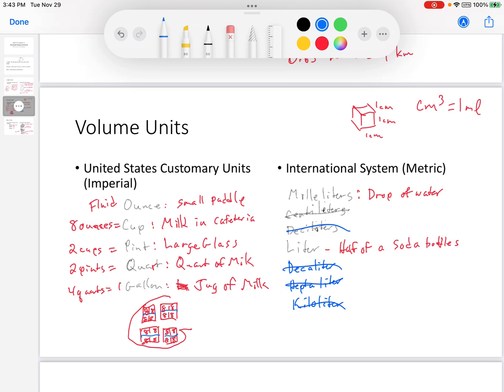So, a liter, you can get a liter by doing 10 by 10 by 10, 10 centimeters, 10 centimeters, 10 centimeters, because 1 milliliter is 1/1000th of a liter. And so 10 times 10 is 1,000, and so 1,000 of those would fit into 1 liter.